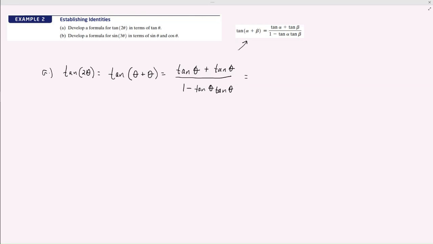Okay, so we'll just simplify that result. There's 2 tangents of theta above 1 minus tangent squared theta.